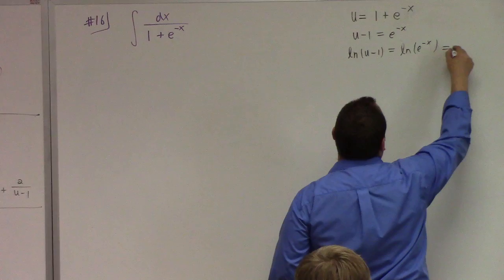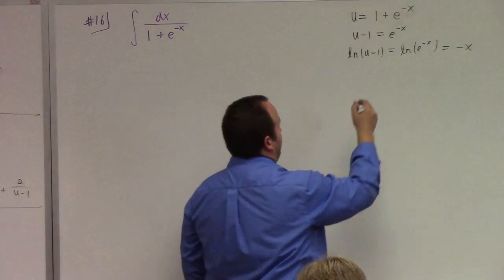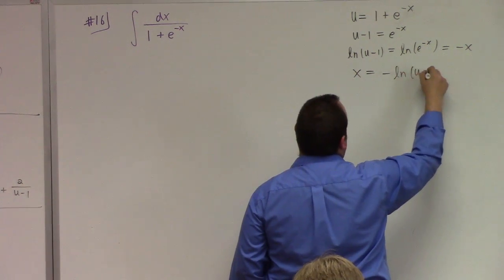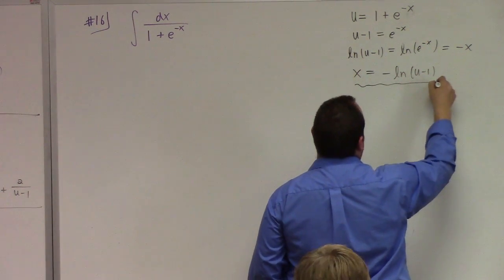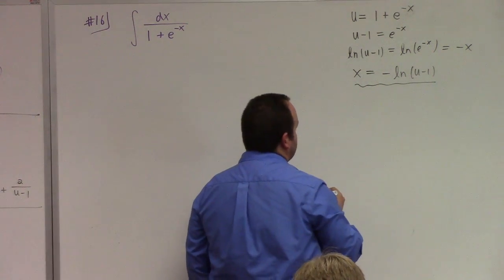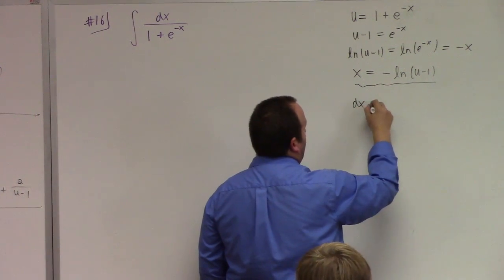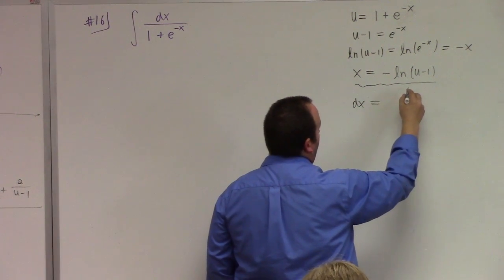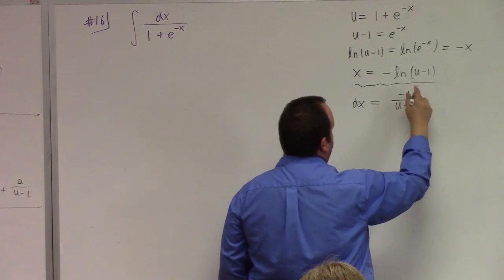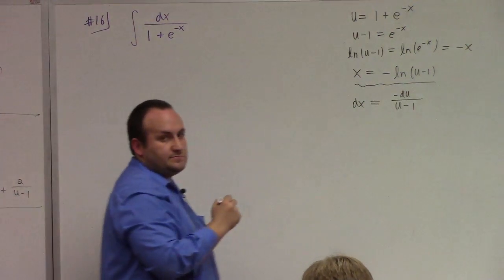I mean, I'm not sure yet. So apparently x is equal to minus the natural log of u minus 1. You could put the minus inside, but this also gives us dx, which is basically minus du over u minus 1.